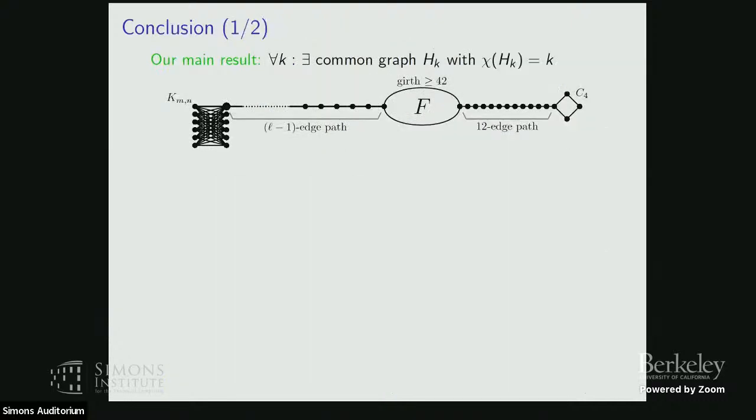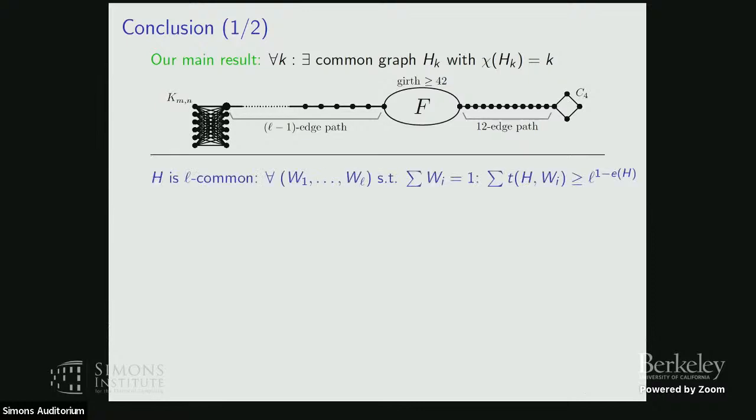So to conclude, here's again the main result, which says that there are common graphs with arbitrarily large chromatic number. So coming back again, a common graph is one where you arbitrarily red-blue color the edges of a complete graph, or split your constant graphon 1 into 2 graphons W and 1 minus W. Ramsey's theorem is not something tailored to 2 colors.